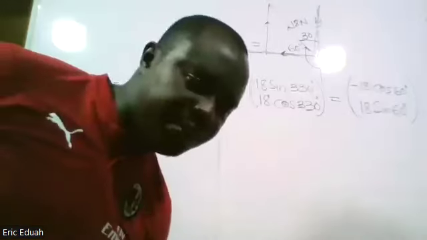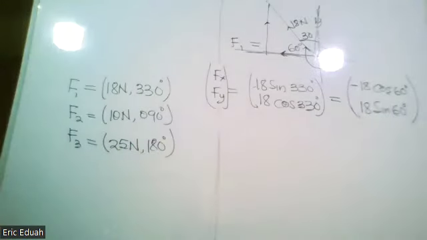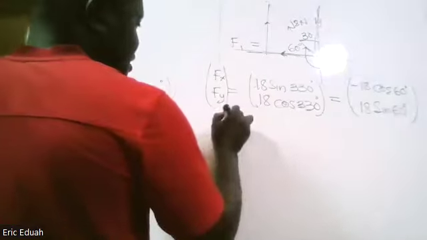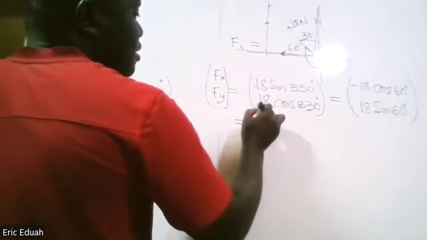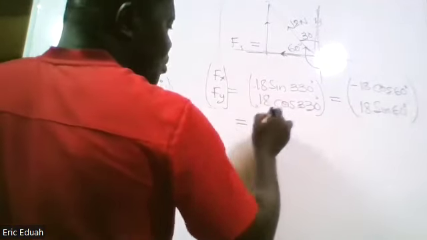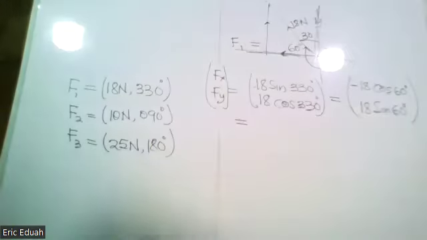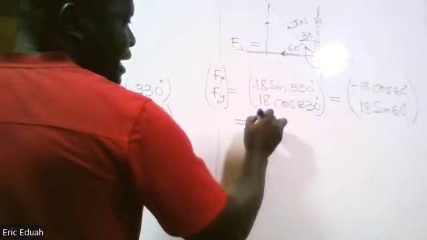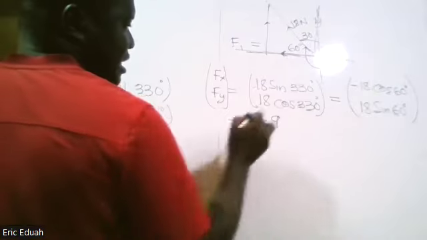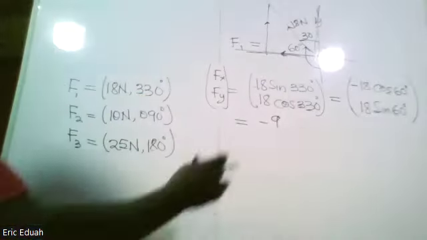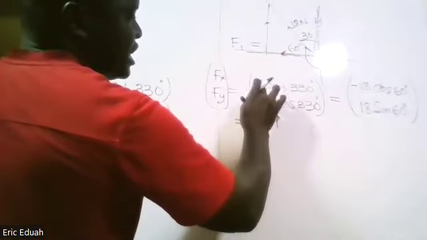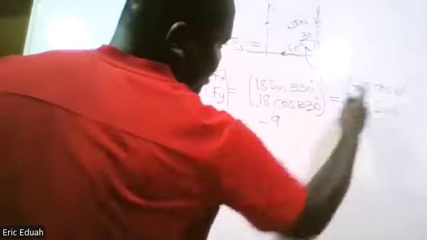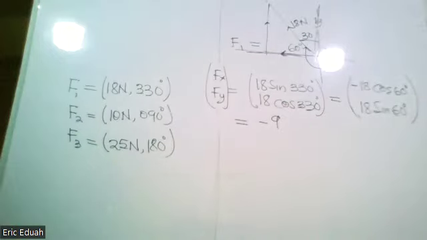Please, are you with me? Is somebody with me? Yes. All right. Okay, so cos 60 is half. So this is equal to -9. If you point 18 sine 30, what you get is the same as minus 18 cos 60.